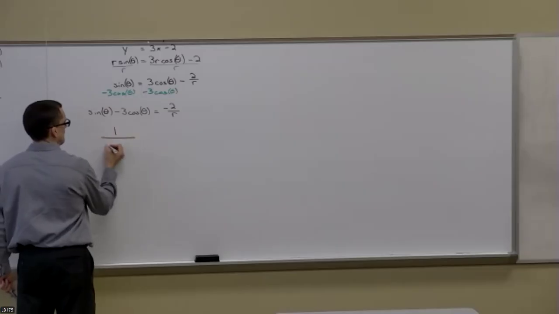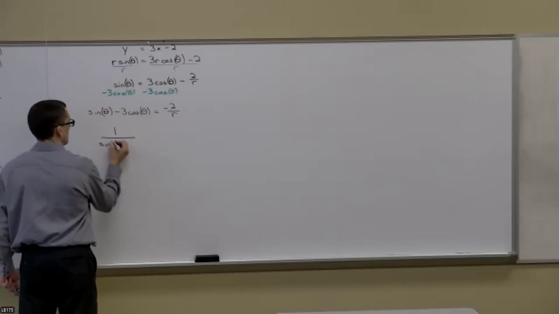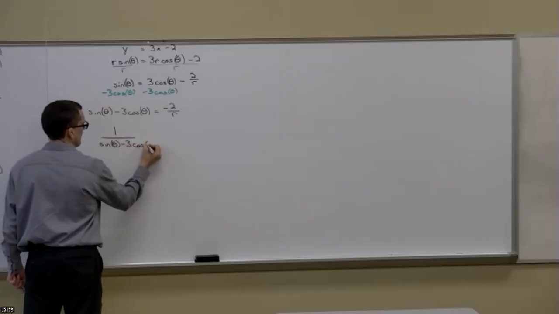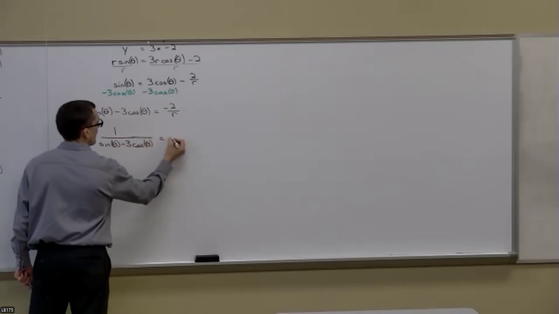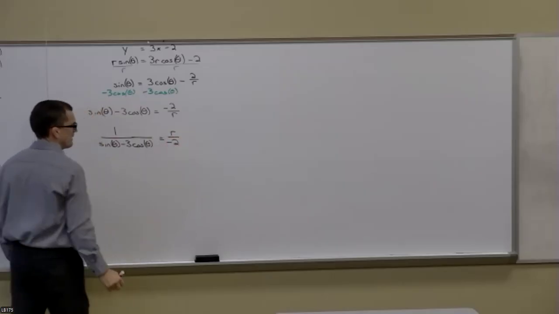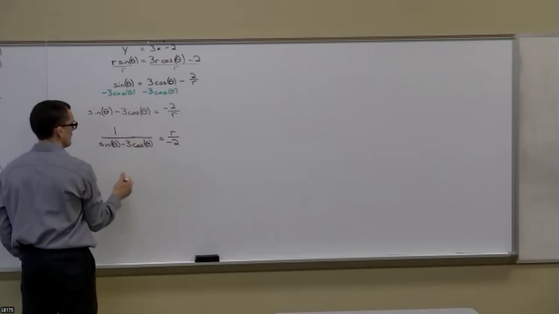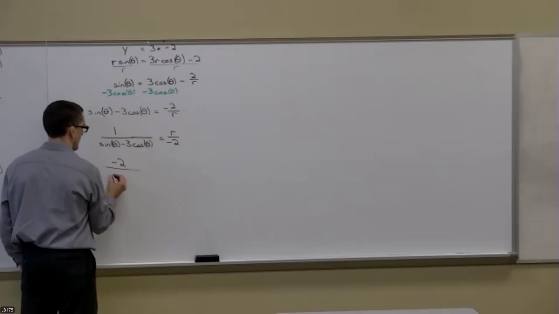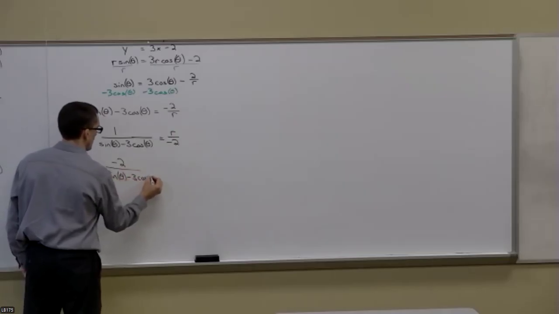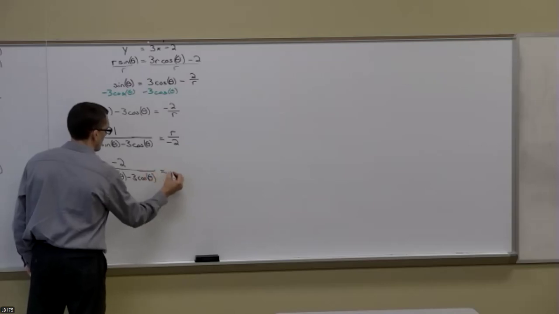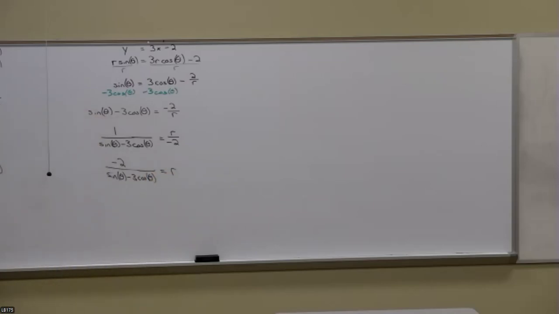If these two are the same, then their reciprocals are the same, so I get that equation, and then I can multiply both sides by -2. Again, same exact equation.